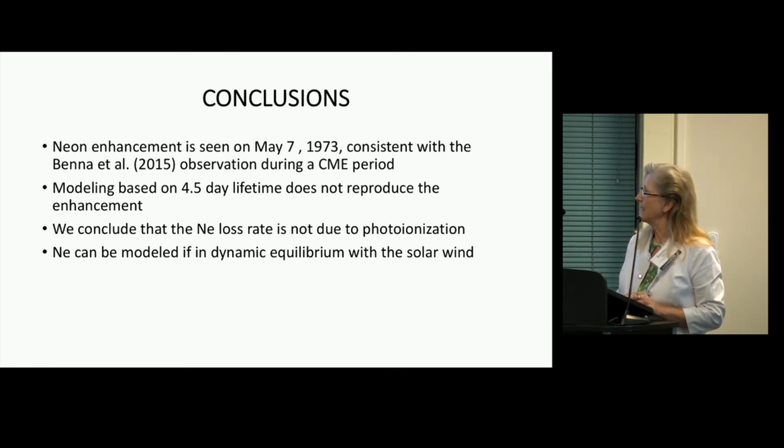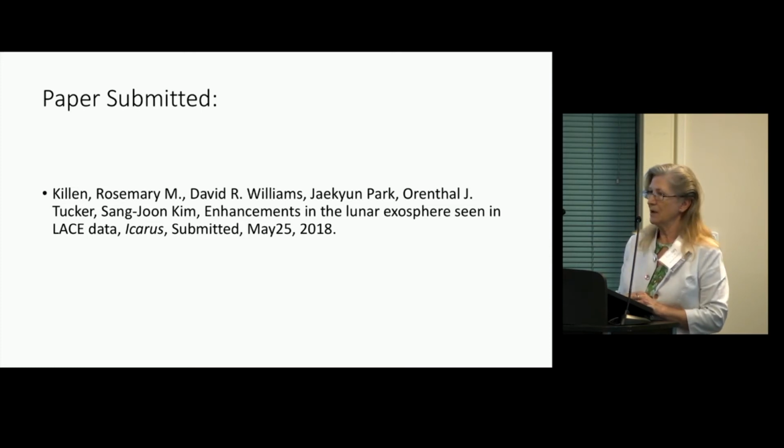The curious thing is that our measurement is consistent with the Benna et al. observation, which he claimed was during a CME. The modeling based on a 4.5 day lifetime does not reproduce the enhancement, and we conclude that neon loss is not due to photoionization. We think neon should be in dynamic equilibrium with the solar wind. As of now, we don't have a good model for it.